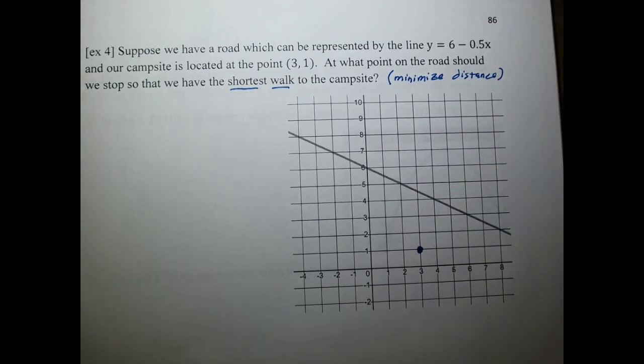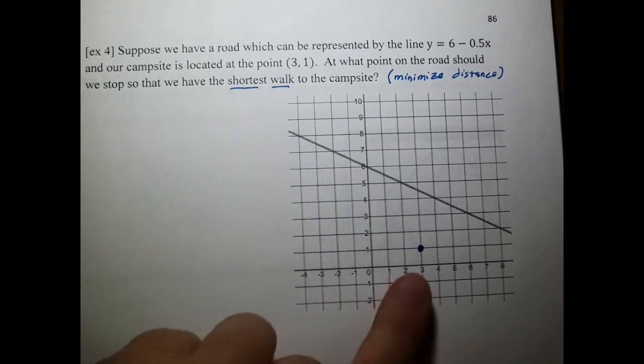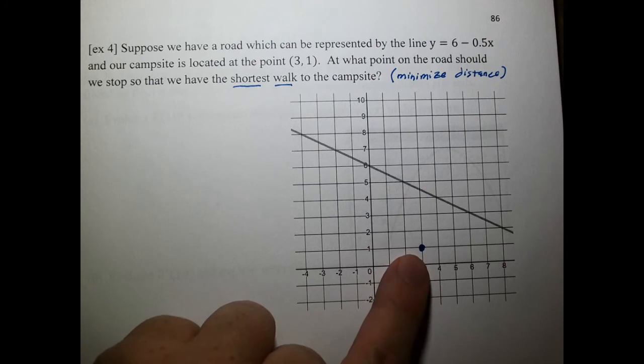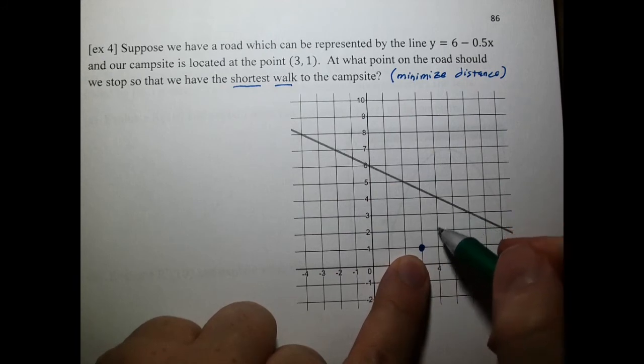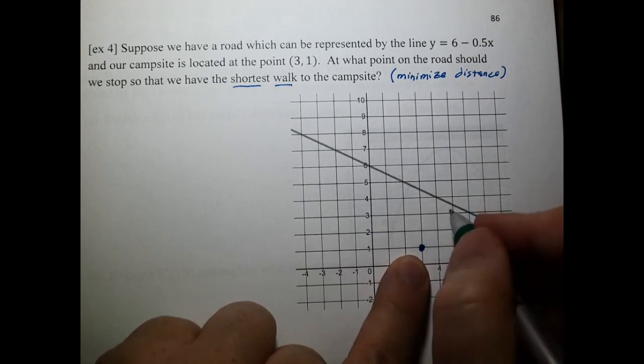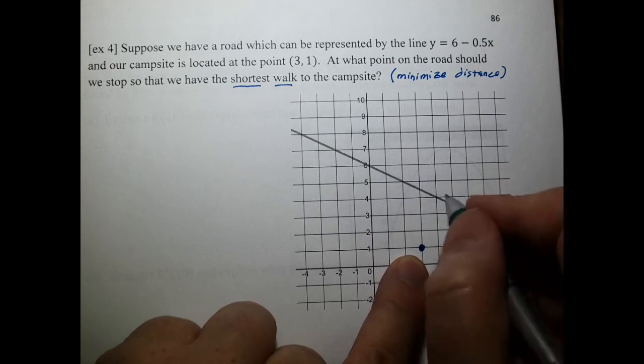Now, if we want to do this with calculus, then we need a distance formula. So let's first start by drawing a picture of the distance on the map that we're planning to walk. We want to go from the road to our campsite, but we don't know exactly where on the road we're going to stop.